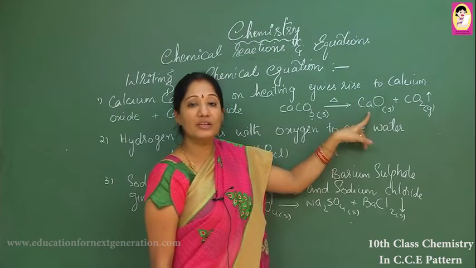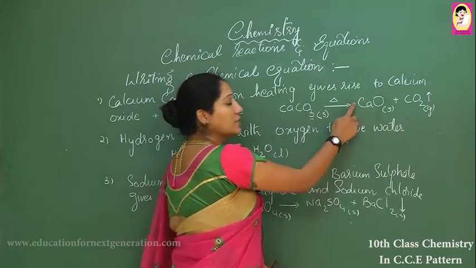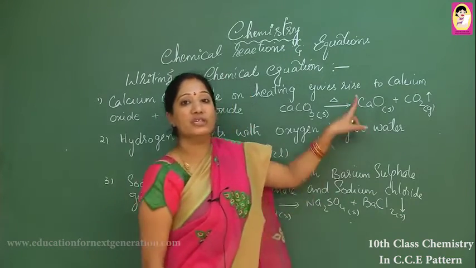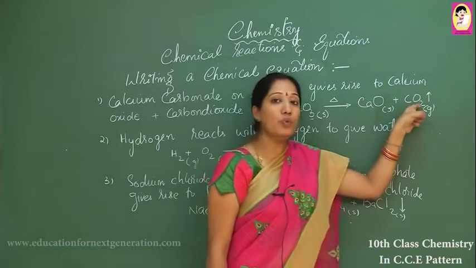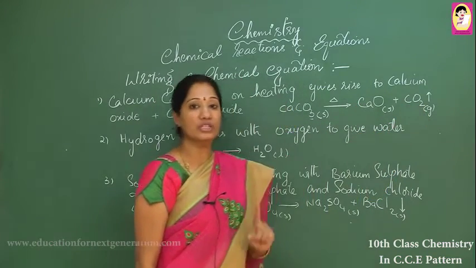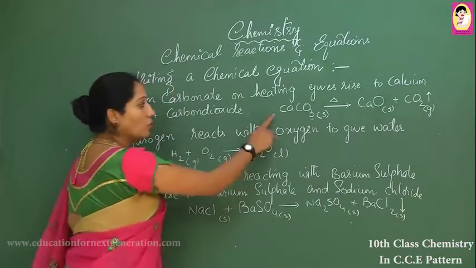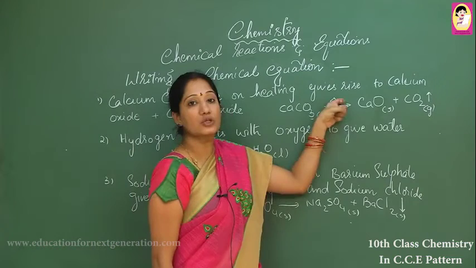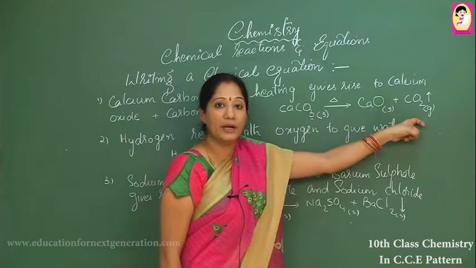Why 1 mole? Because nothing is present in front of the calcium oxide; the coefficient is 1. And 1 mole of carbon dioxide, the coefficient is 1. So the overall reaction is that calcium carbonate on heating gives rise to calcium oxide and carbon dioxide.